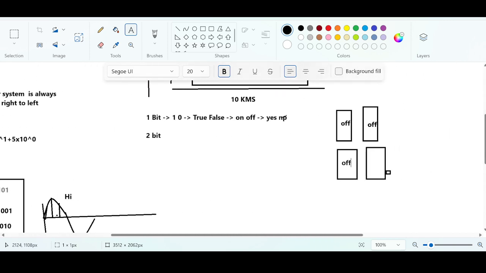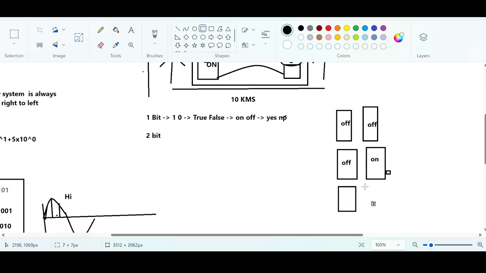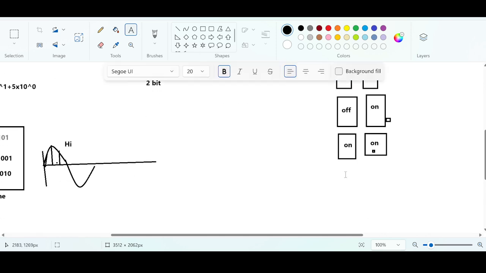Off and on. What are they? Off, on. On. And what are the other two possible combinations?